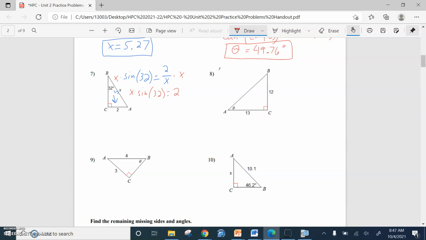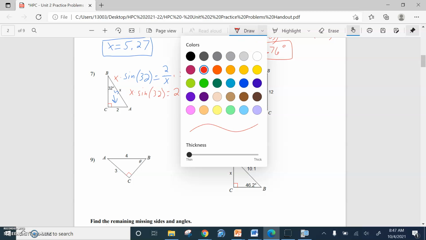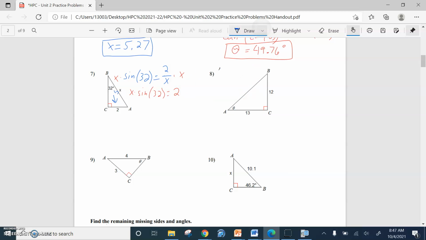And then to get x by itself, I'm going to flip-flop my codes here. So now I'm going to divide both sides by sine of 32. So what we get is sine 32 divided by itself, we get x equals, and then whatever we had left on the right side, which was 2 over sine of 32.